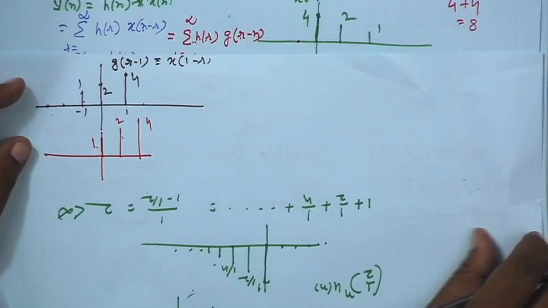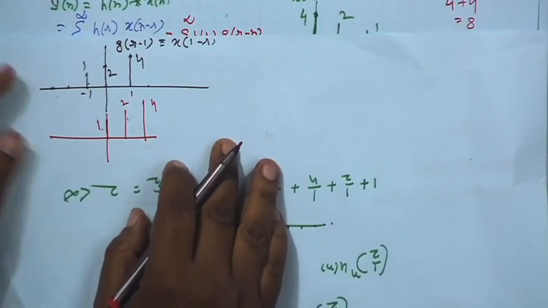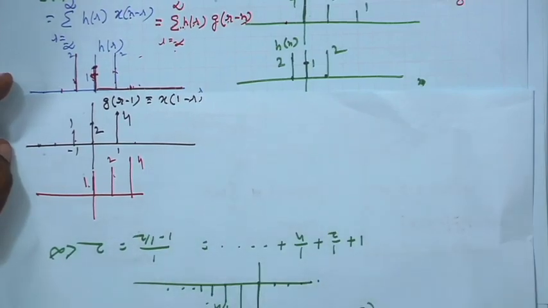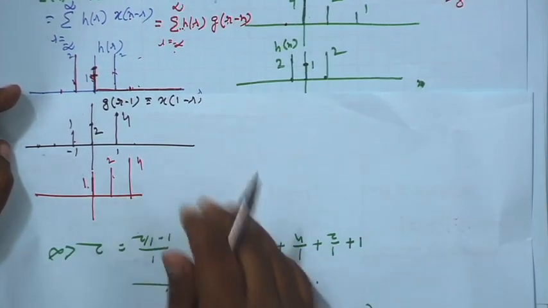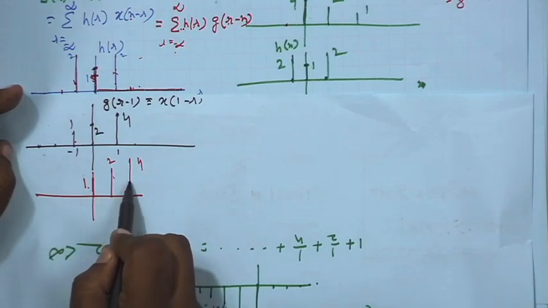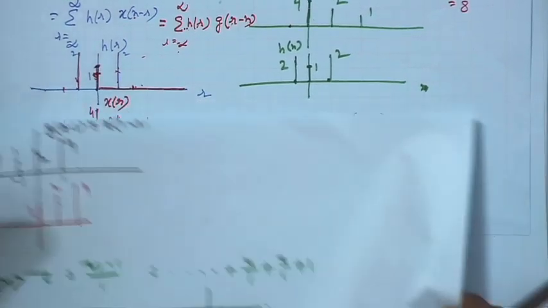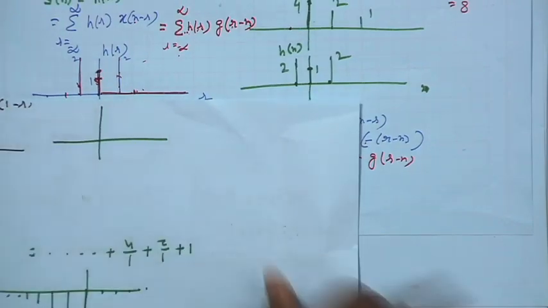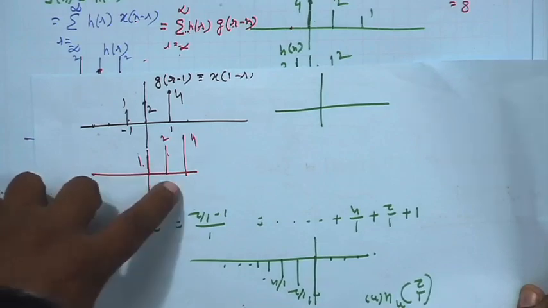Then n equal to 2, it will further shift it. So, you will have 1 going here, 2 going here, which means 1 going from 0 to 1.